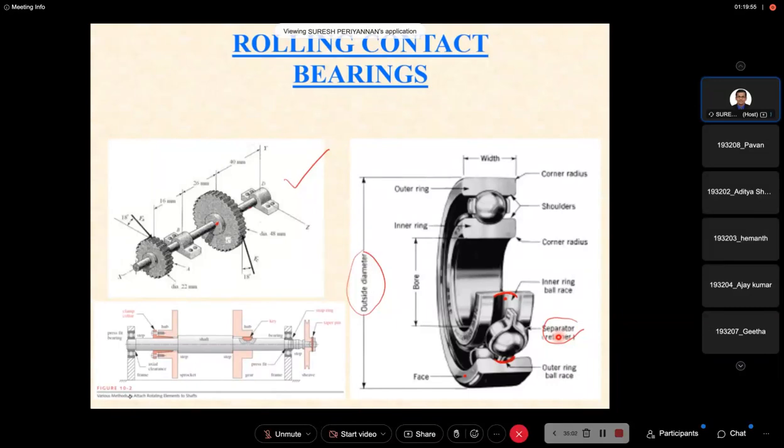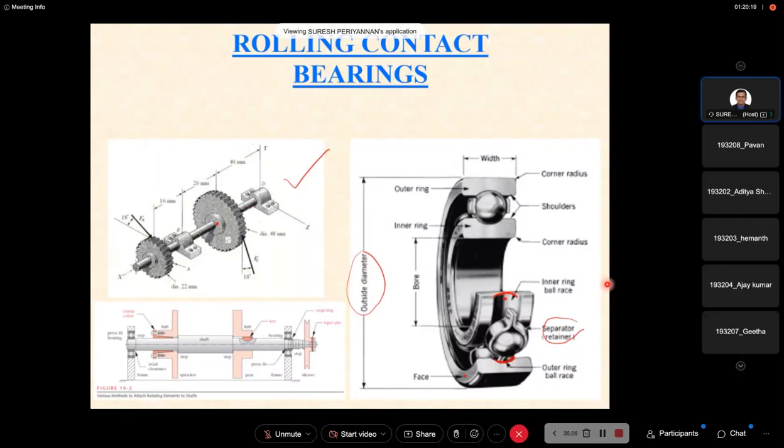Now, earlier we discussed sliding contact bearings. Here, with spherical balls, ball bearings mostly have a point contact. But in a sliding bearing, it is surface contact. In a roller bearing, it will be a line contact.